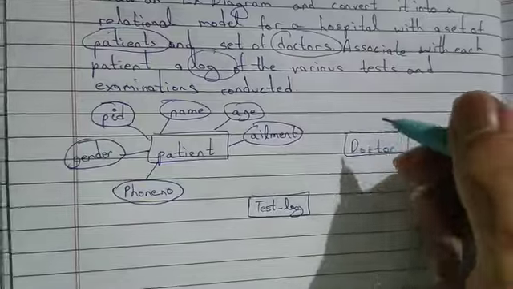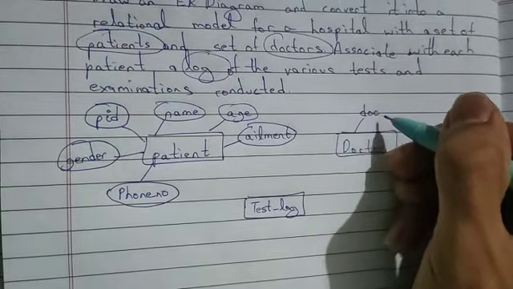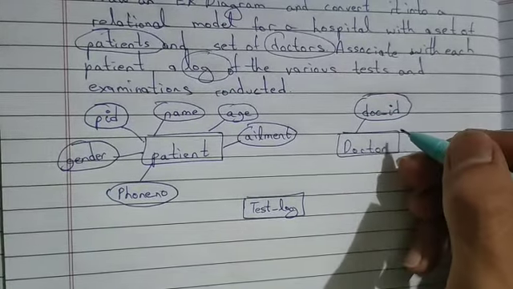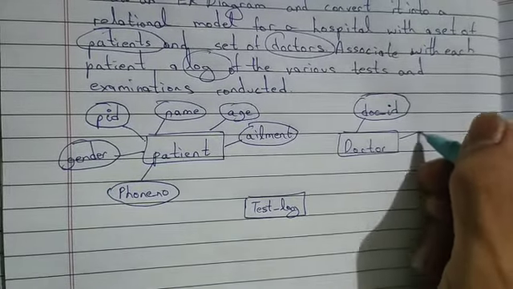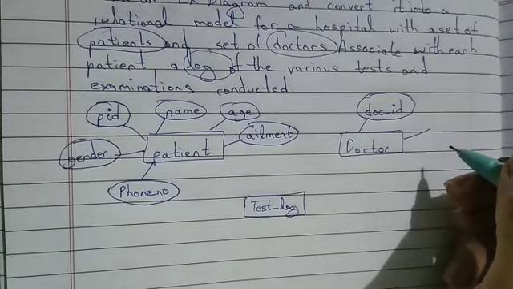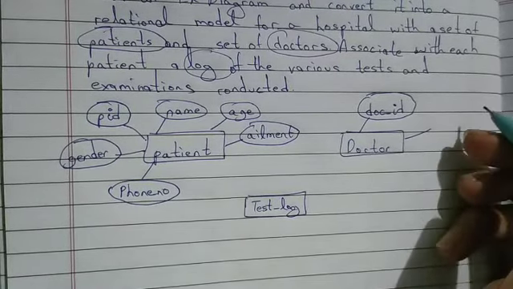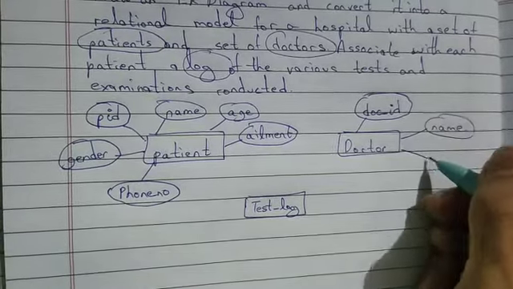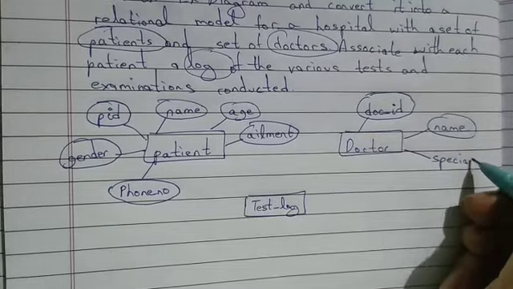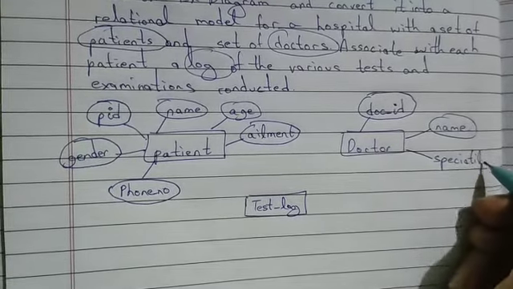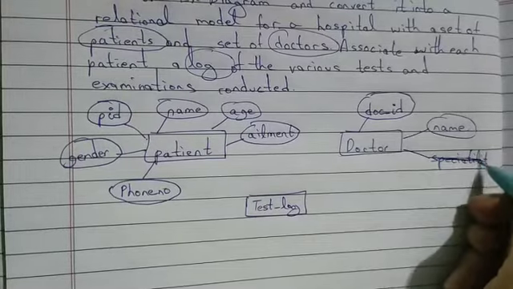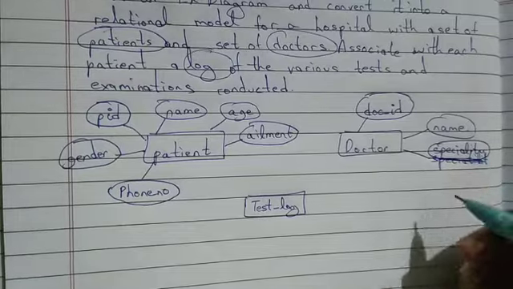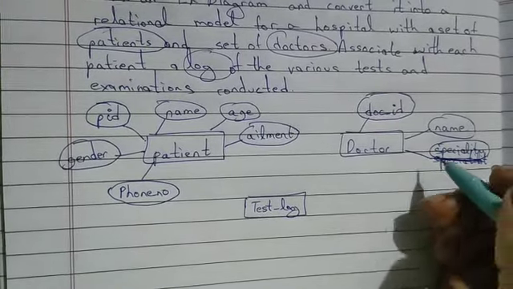Now similarly for a doctor over here, we'll have our doctor ID to uniquely identify the doctor. Then we'll have the doctor's name. We can also have the specialty, like whether the doctor is a cardiologist or something.